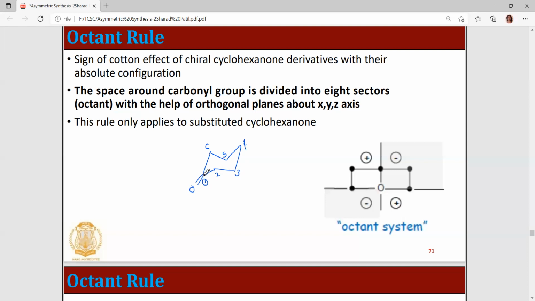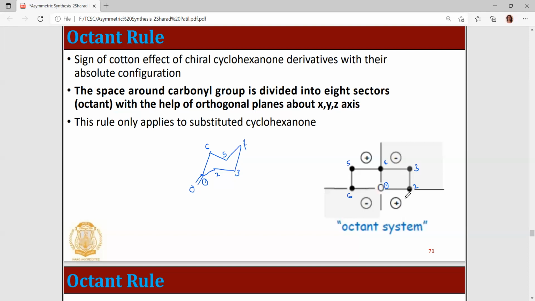Carbon 1 is denoted here, then 2, 3, 4, 5, and this is 6. So 2 and 6 are adjacent to the carbonyl carbon, and 4 is opposite to it.